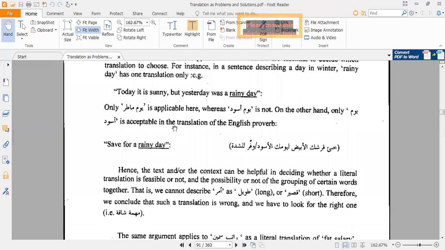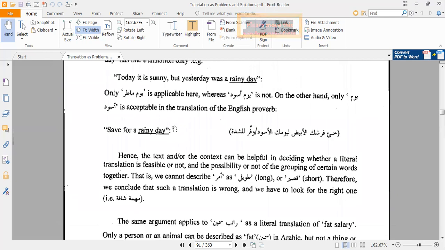We have talked about this rainy day. We can rely on the context and the surrounding words.